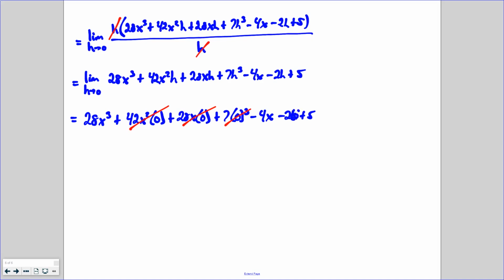There should be 2 times 0 there. Let me rewrite that for you. But that doesn't matter because that term is going away. So what does that leave us with? Oh, that's going to leave us with a final derivative of 28x cubed minus 4x plus 5.